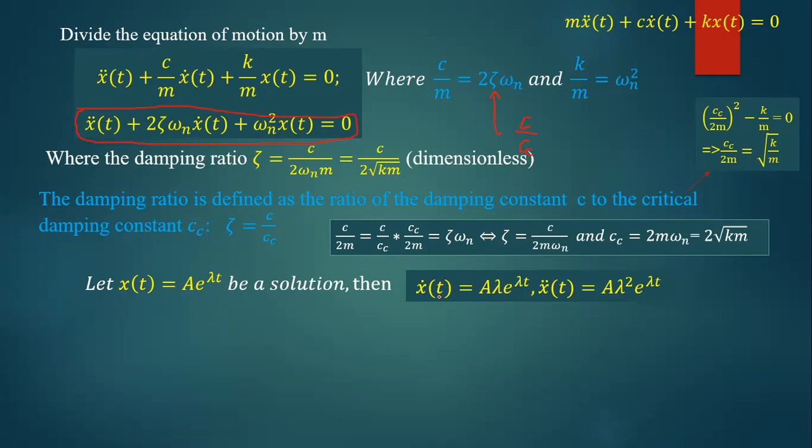So from this relation we have x dot equal to A lambda e to the lambda t, and x double dot equal to A lambda squared e to the lambda t.